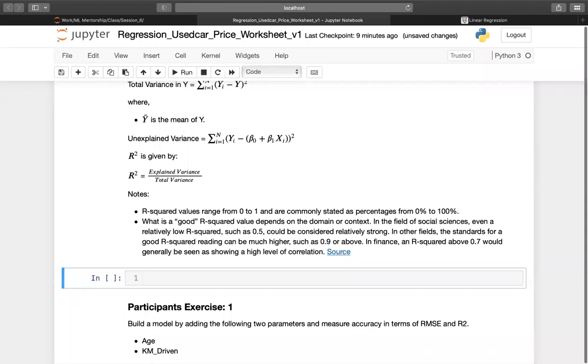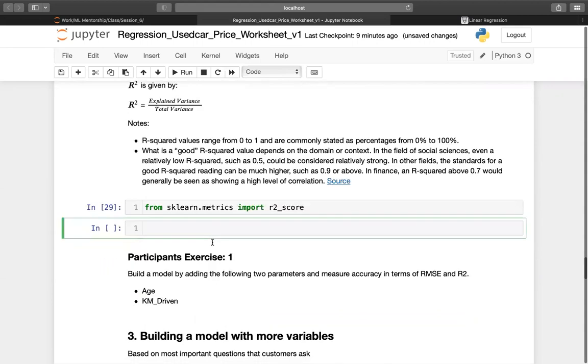In this case, you can say from scikit-learn dot metrics import r2_score. So R2 score again will take the actual value and the predicted value.